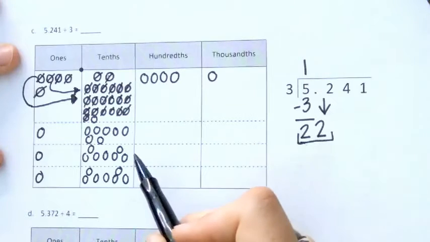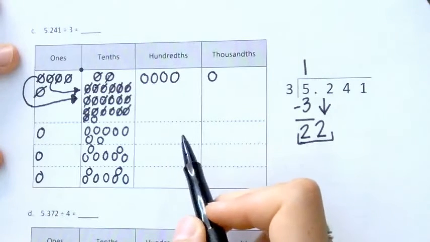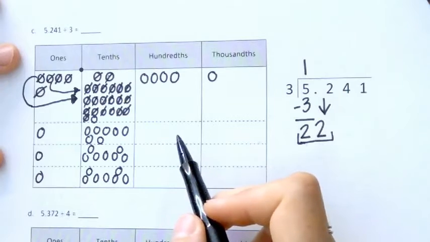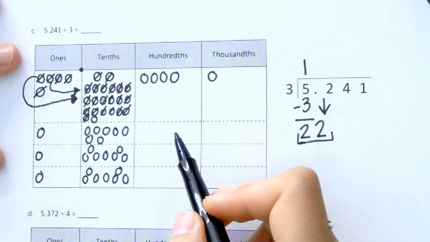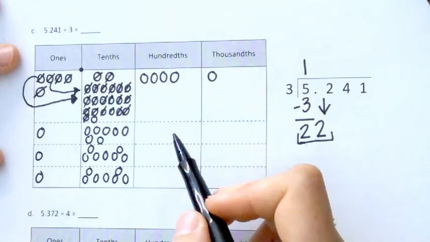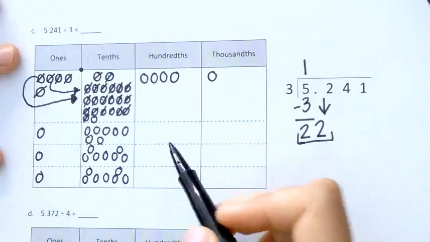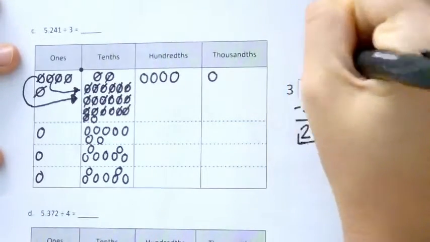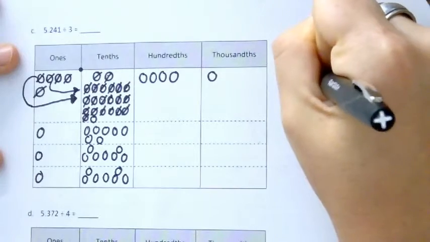If you know it, show me in your hands high in the sky. P-Hoff, you got 7. Good job. So we're going to put our 7 right above this 2 in the tenths place. Don't forget your decimal.